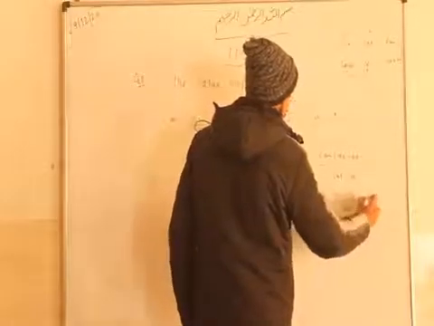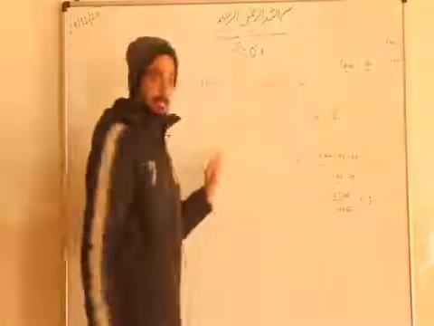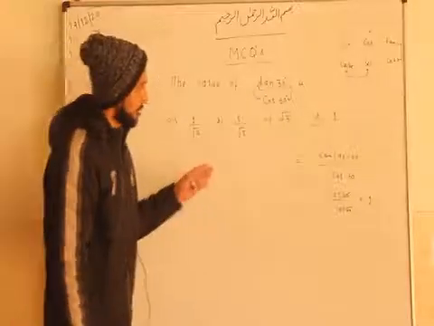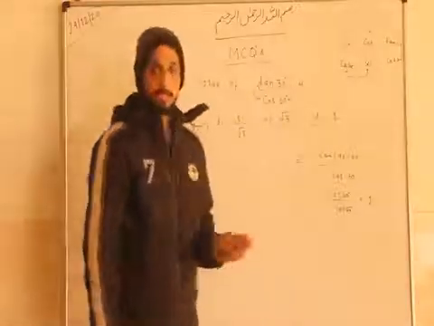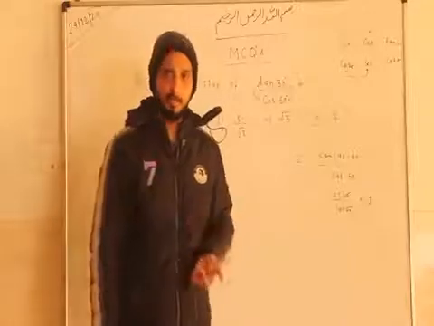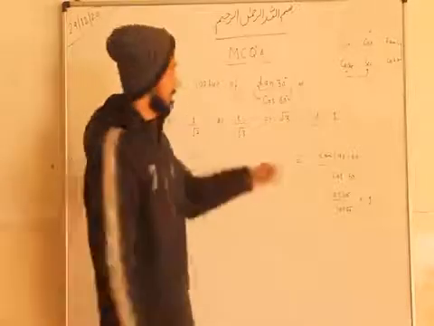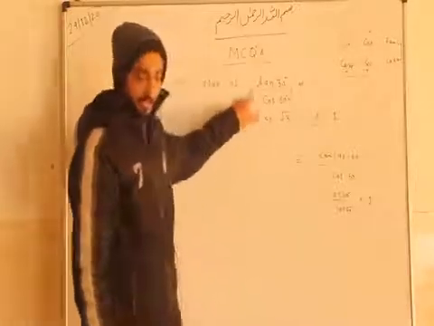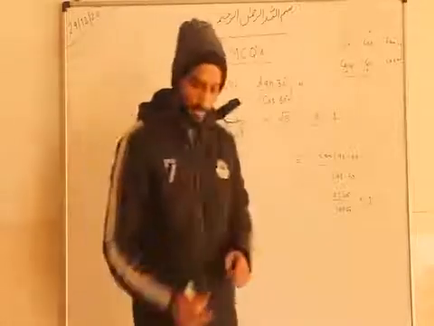These two will cancel out, so the answer is 1. So for these type of questions, there is a simple technique that you have to see that these are complementary relations and the sum is 90, so directly they will cancel out. According to that we have to solve the question.